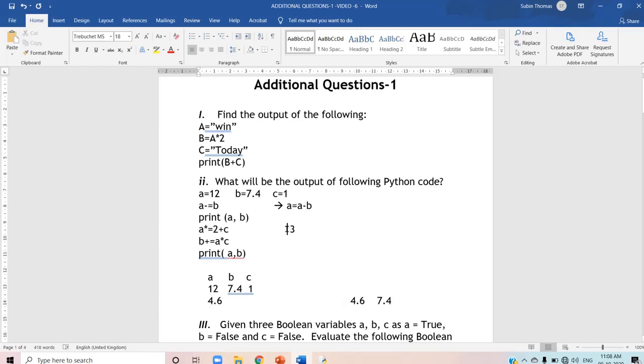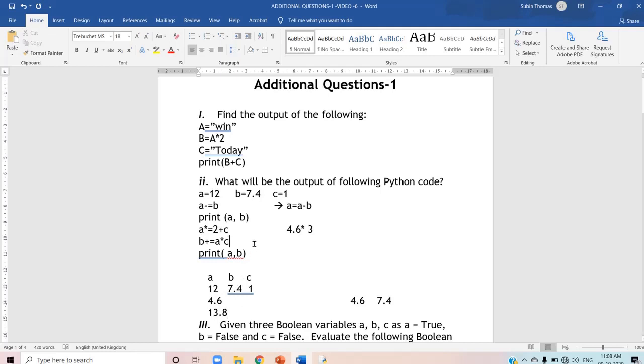So you can calculate this as 4.6 into 3. 4.6 into 3 will give you the answer 13.8. That 13.8 is given to the variable A. So I can write just below the A, 13.8. That is 13.8, the answer for the variable A.